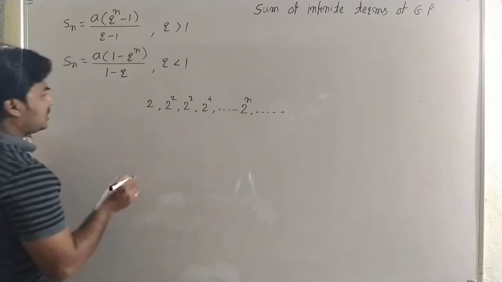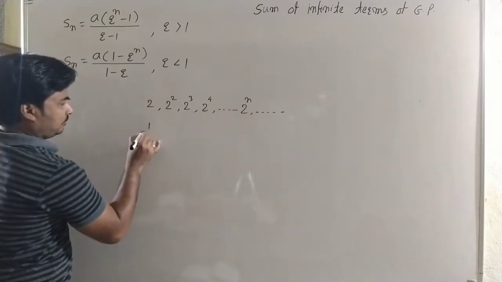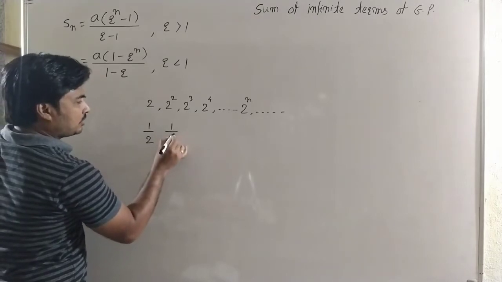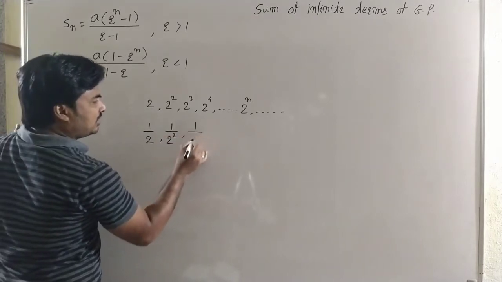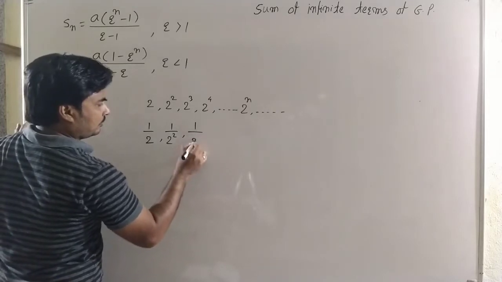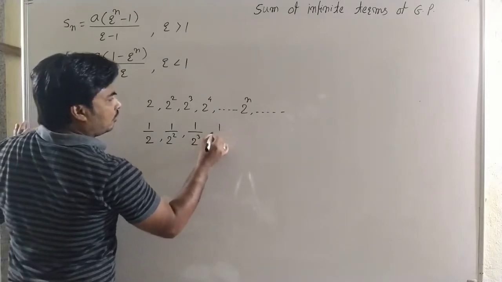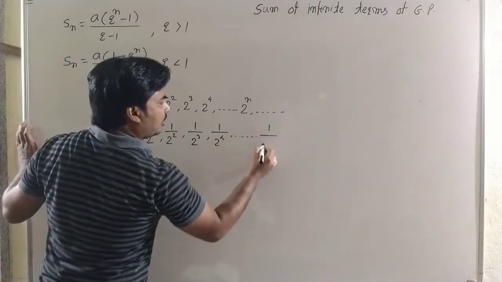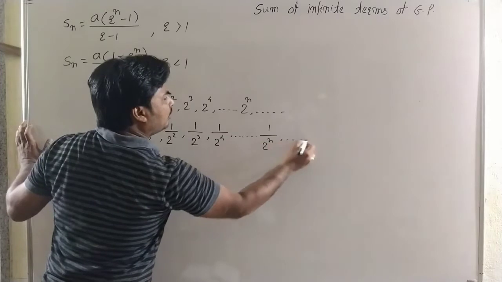But when we take a sequence, see carefully here: 1 by 2, 1 by 2 square, that means 4, 1 by 2 cube, 1 by 2 to the power 4, like that, 1 by 2 to the power n, up to infinite.